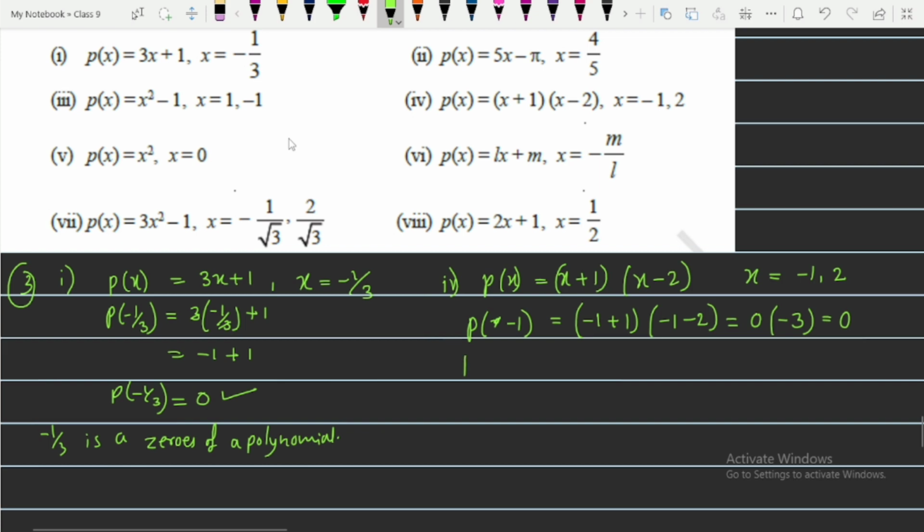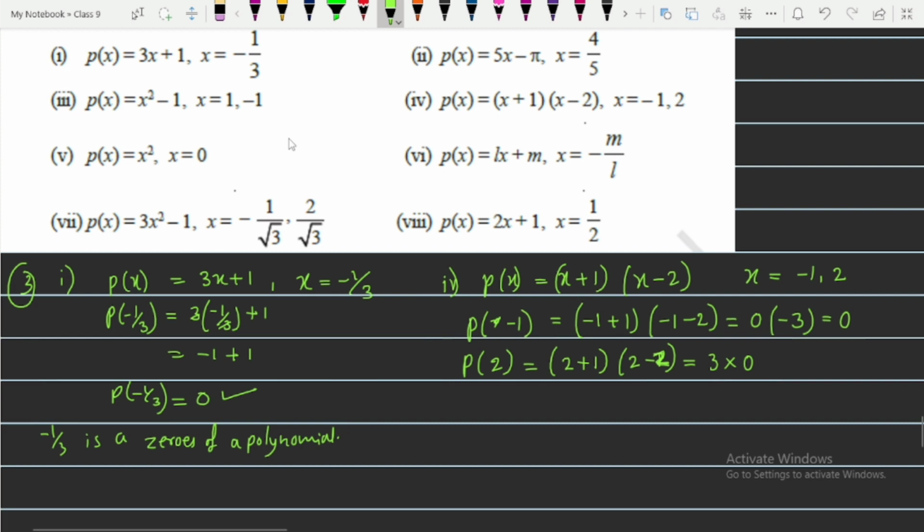Same way you can find the p of 2 value, right? So p of 2 is 2 plus 1 and 2 minus 2, okay? So 2 plus 1 is 3, then into 2 minus 2, which is 0. So 3 into 0 is 0.